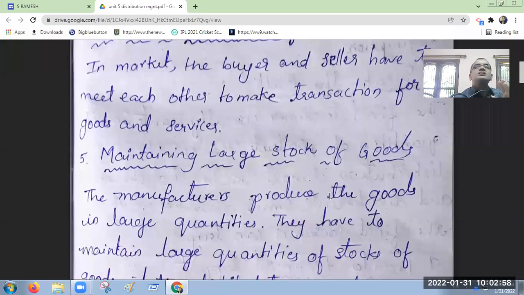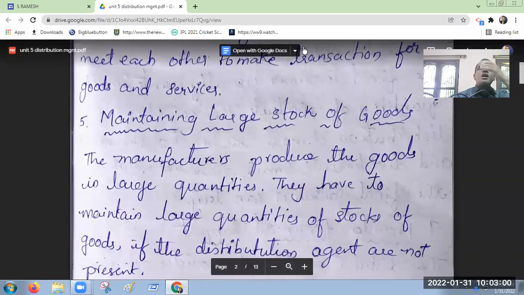Proper selection is important. Next, maintaining large stock of goods. If a proper channel is selected and used, then automatically large stock of goods need not be stored by the manufacturer. If proper agents, middlemen, wholesalers and retailers are there, the production department need not maintain large stock.